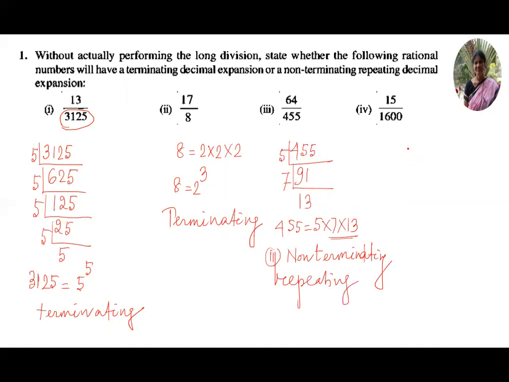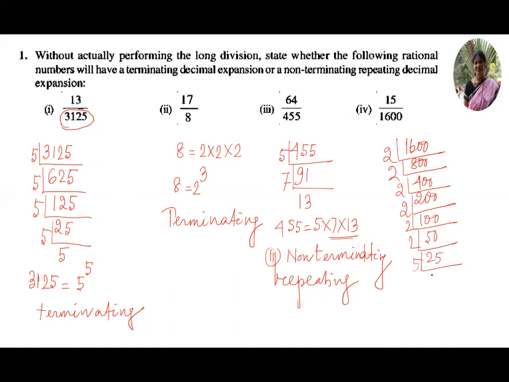Coming to 15 by 1600. One thing I want to clear, that first you will simplify this. If it can be made into lowest terms, make it lowest, then you will go for this method. So 1600 is equal to 2 times 800, 2 times 400, 2 times 200, 2 times 100, then you have 2 times 50, 2 times 25, 5, 5.